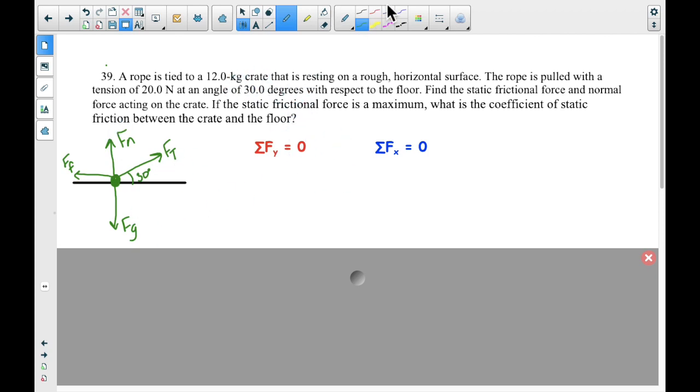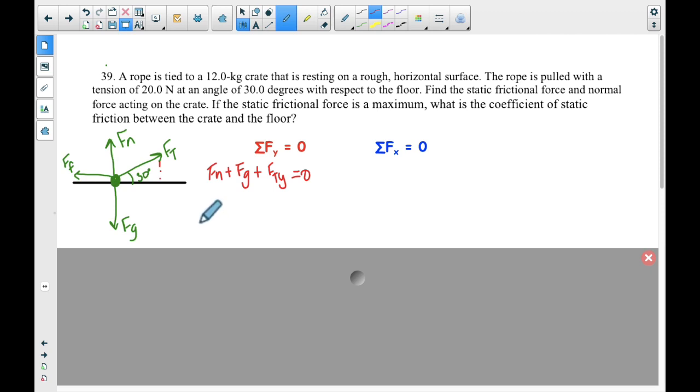Okay, so the sum of the forces in the y direction. What do we have going in the y direction? Well, we have the normal force acting in the y direction. We have the force of gravity acting in the y direction. And we also have right here this force of tension in the y direction also. So those are all of our y forces. Now we need to do a little bit of calculation and say what those forces are.